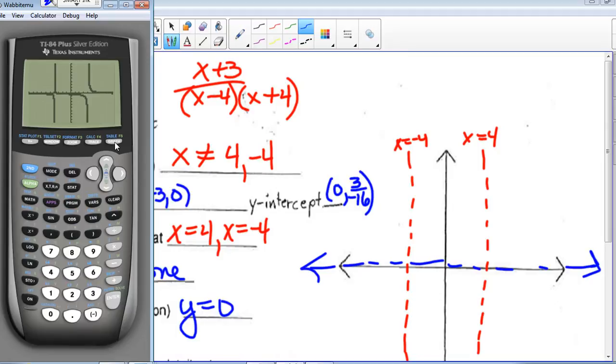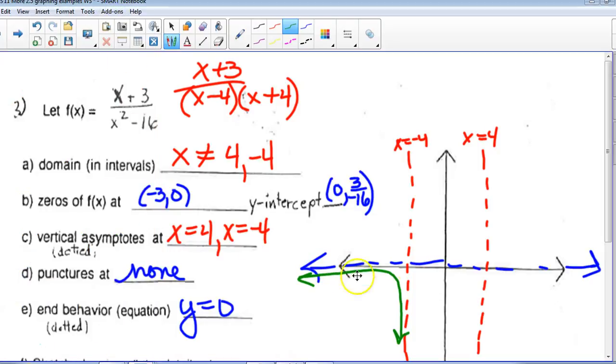Okay, so over to the left of -4, what's it doing? Yeah, it's all down here, isn't it? It's doing this. What's it doing in between -4 and +4? Like a cubic-y thing, right? We have some intercepts, don't we? Crosses at -3 over here, and down here at negative decimal, -3/16.